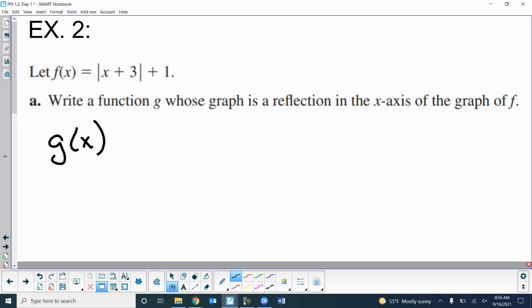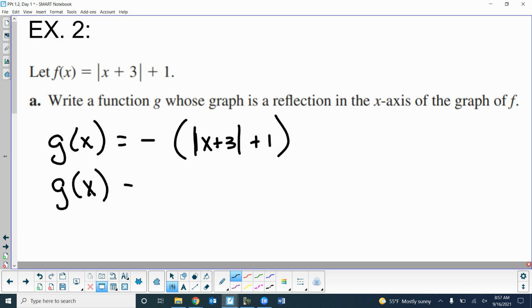So I'm going to put negative the whole thing. Absolute value of x plus 3 plus 1. All right, so when I distribute this negative, it just goes in front of the absolute value sign. You will not distribute to the inside of the absolute value sign.